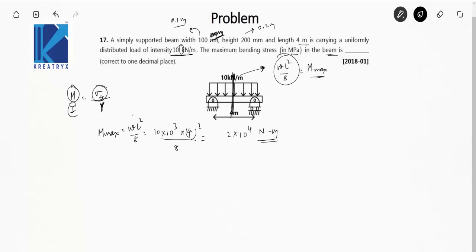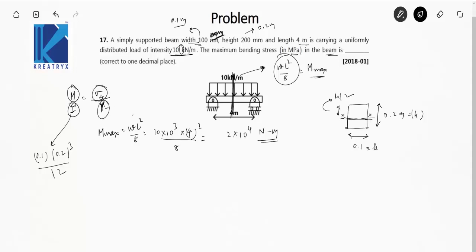For I, the cross section width is 0.1 meters and height is 0.2 meters and it is bending around the x-axis. So this will be BH cube by 12. B is width, H is height. And y will be equal to H by 2, that is 0.2 by 2, which is 0.1.